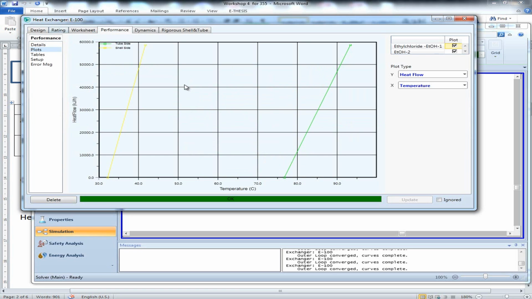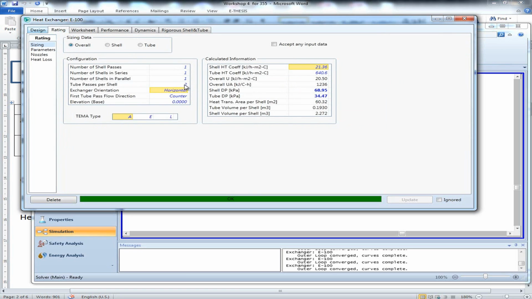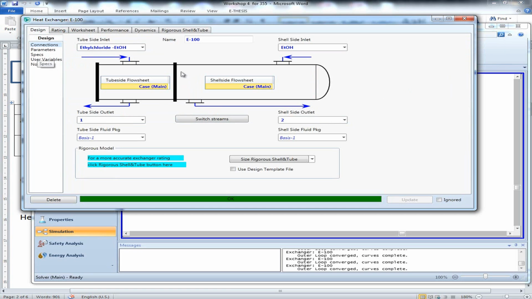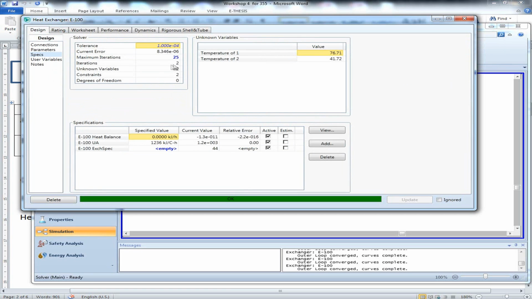How about the minimum approach? It is 44. So heat transfer cannot be improved by 1-2 compared to 1-1.